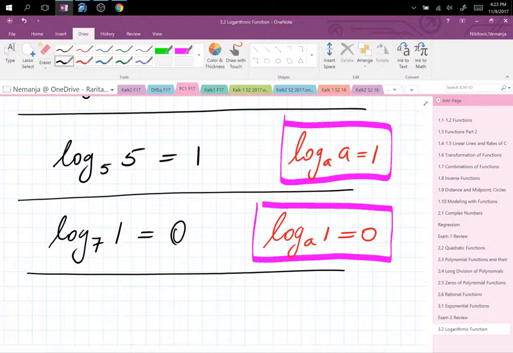Change of base: log A of B is log B over log A, or ln B over ln A. I still have to talk about what this means, but you know the formula. And two cute formulas so far: log A of A is always 1, and log any base of 1 is always 0.